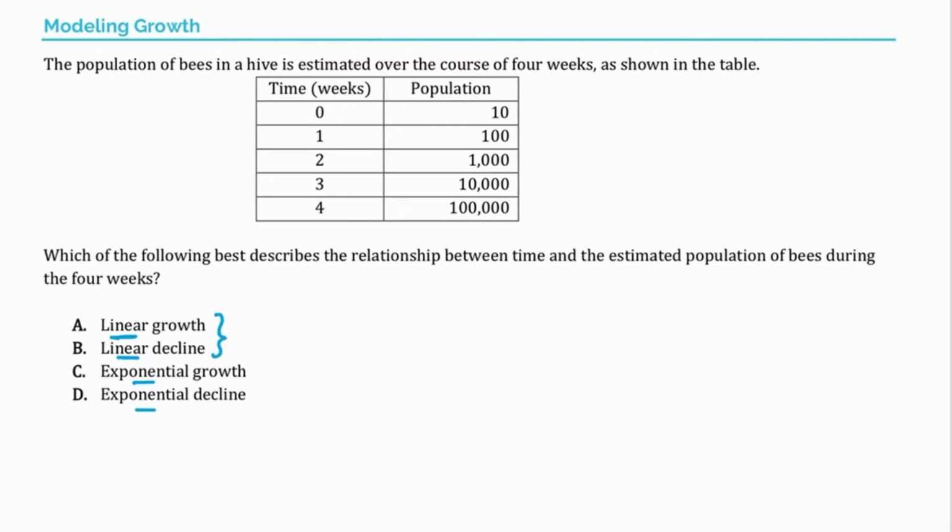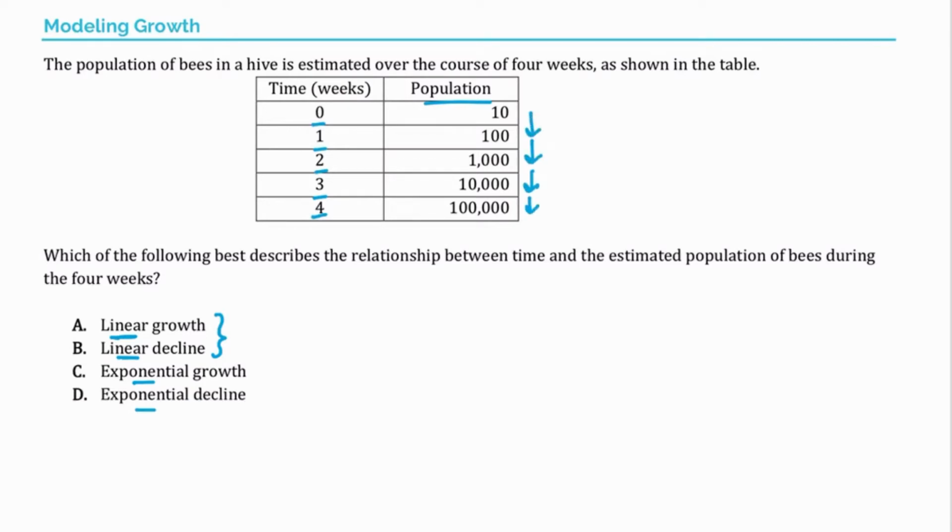If you are growing linearly or declining linearly, it basically means that you are seeing the same amount of change each time. So when we look at the data given to us, where we have these different weeks and different populations, this population is definitely growing, because the numbers are increasing each week.